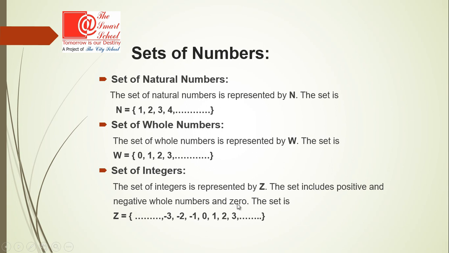Why are we saying 0 separately? Yes, exactly, because 0 is not negative, not even positive number. So, when we are talking about negative and positive numbers, we have to say 0 separately if it is part of the group. So, it is part of integers, and integers we represent by Z.